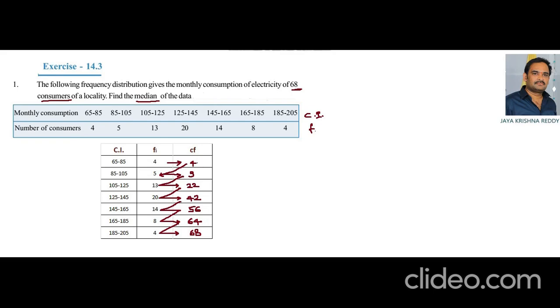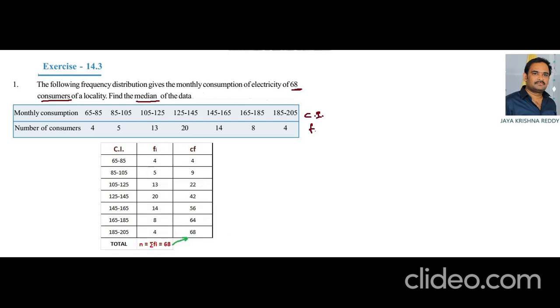Now let us add the sum of the frequency values. 4 plus 5 is 9, plus 13 is 22, plus 20 is 42, plus 14 is 56, plus 8 is 64, plus 4 is 68. The sum of the frequencies is 68, and we represent this value with small n. You can observe that the small n value, sigma fi, and the CF value in the last row will always be equal.